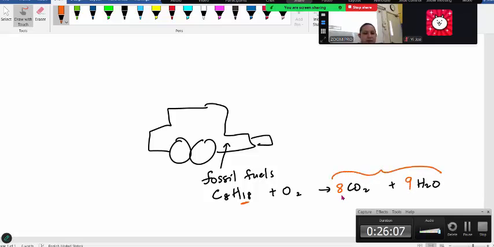Then you add together. 8 times 2 is 16. 16 plus 9 equals 25. So here you can put 25 over 2, right? Remember? Then you can take the whole thing and double it up.